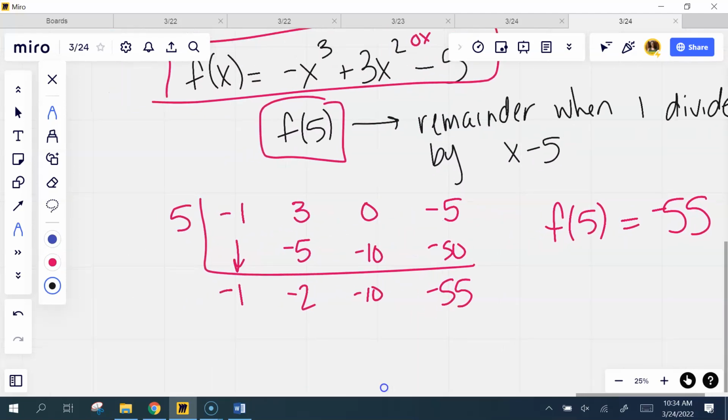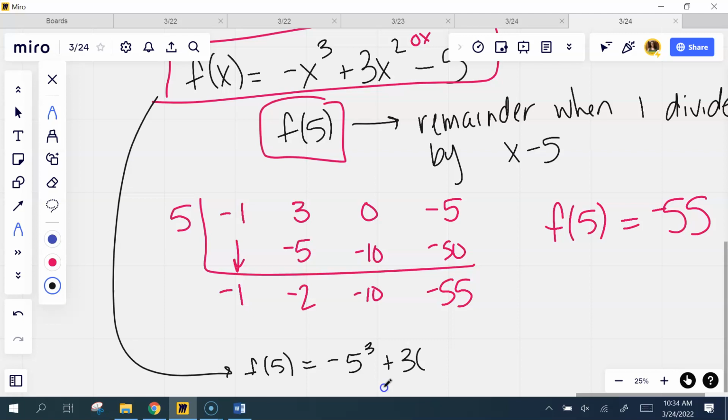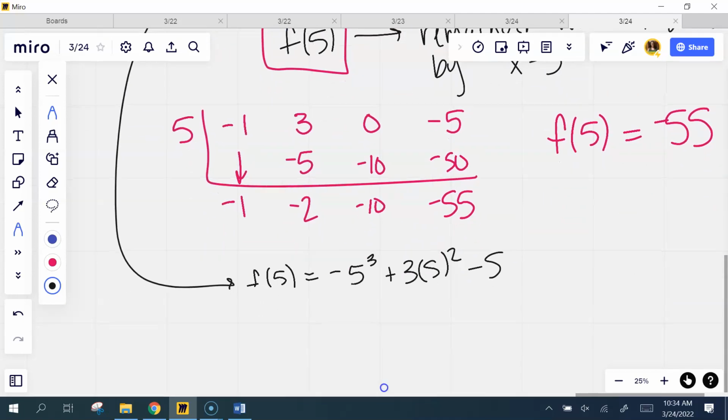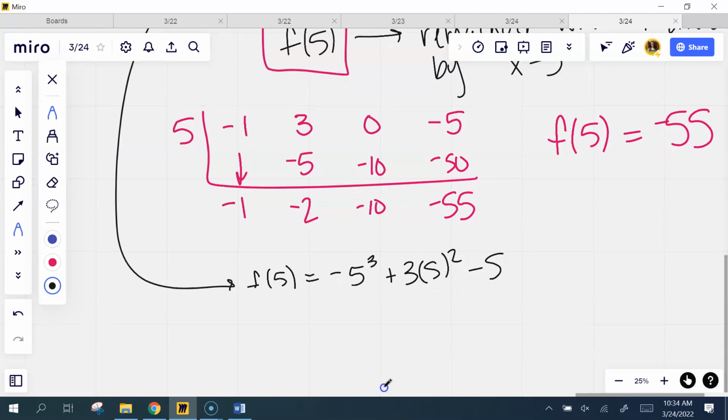If I do this algebraically, negative 5 cubed plus 3 times 5 squared minus 5. What's 5 to the third? Y'all should know that one. Negative 125. 25 is 5 squared times 3 is 75.